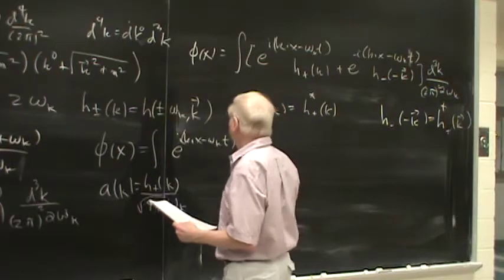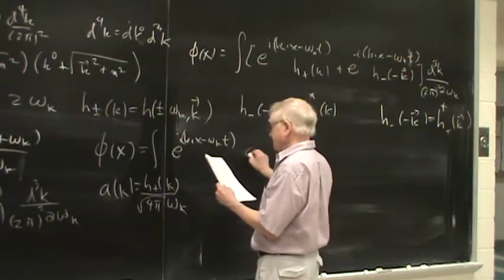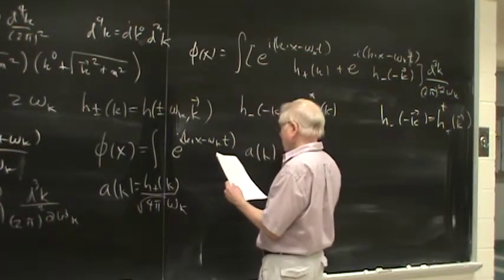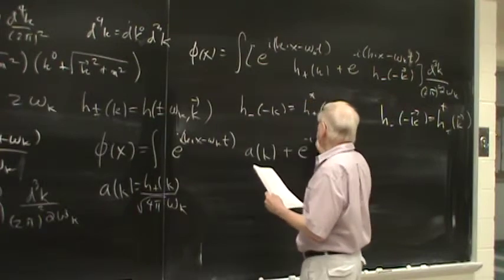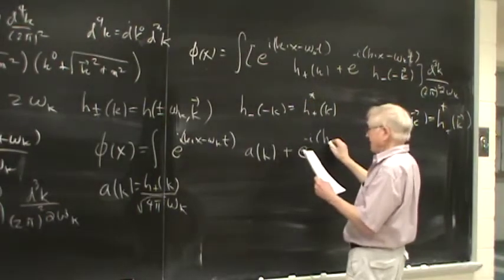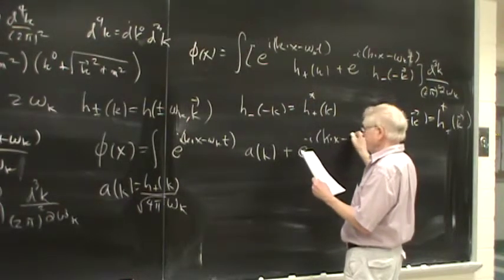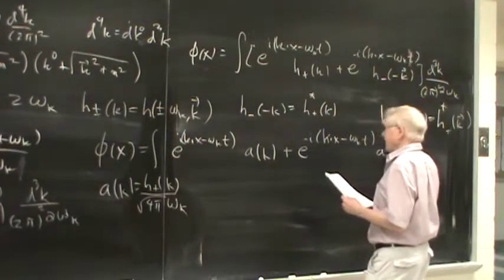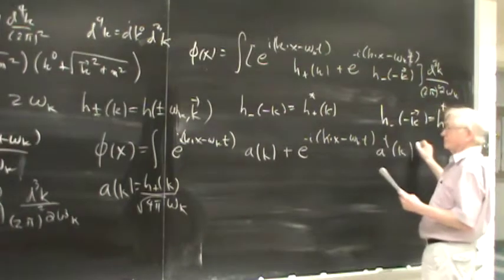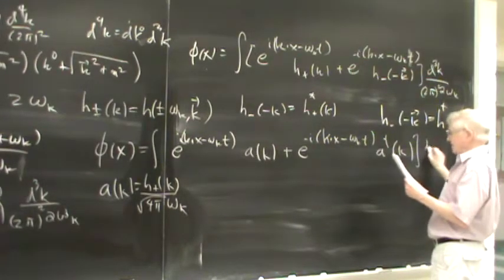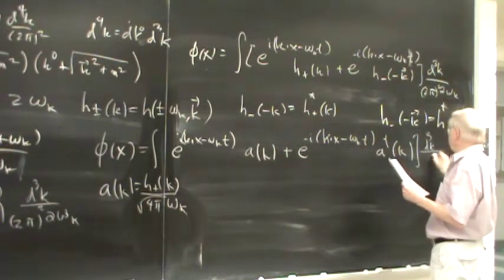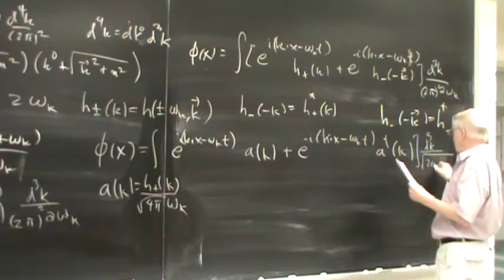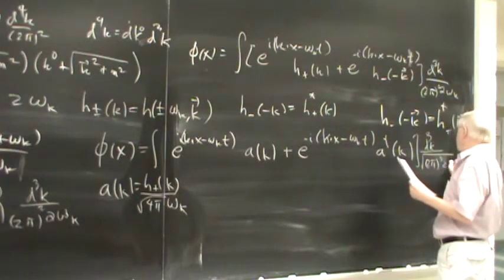And so this thing is a of k plus e to the minus I k dot x minus omega kt a dagger of k, all that, and now we have d cubed k over square root of 2 pi cubed 2 omega.